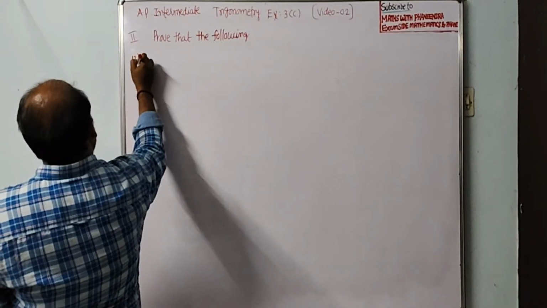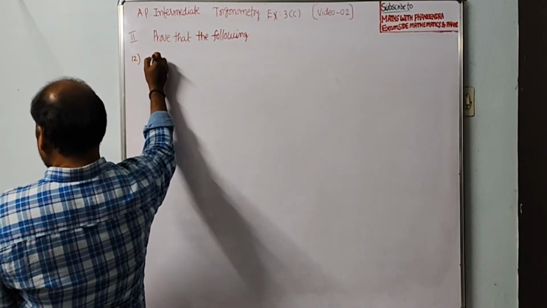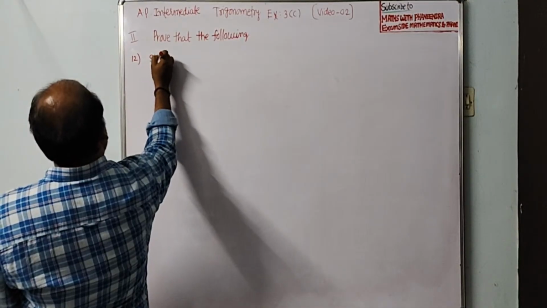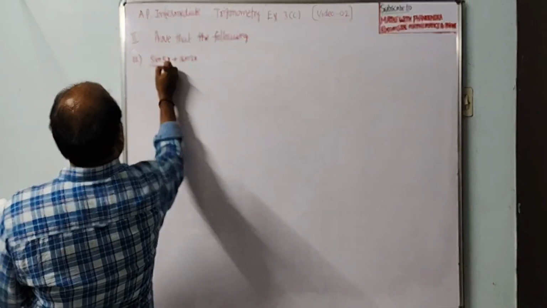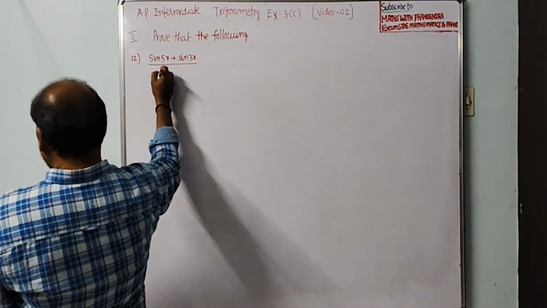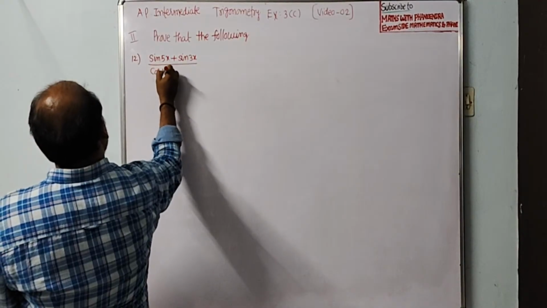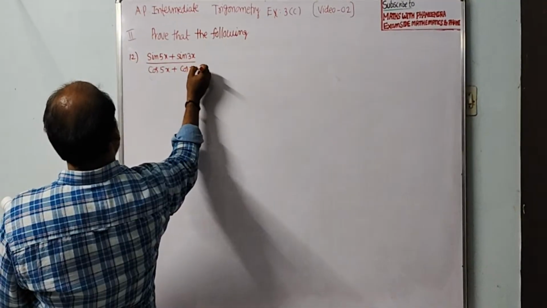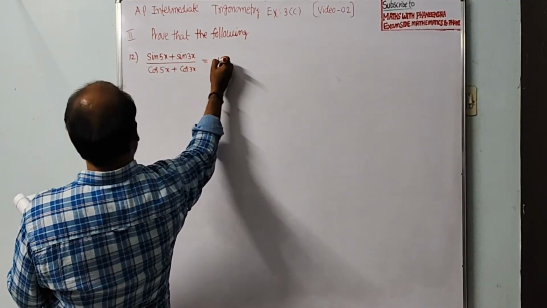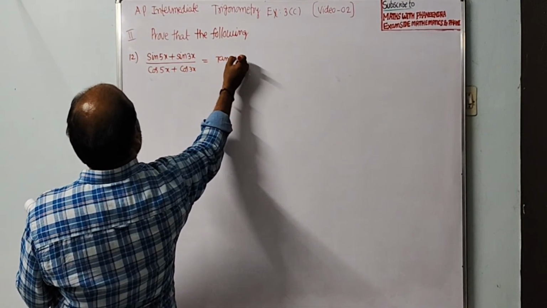Question number 12. Sine 5x plus sine 3x divided by cos 5x plus cos 3x is equal to tan 4x.